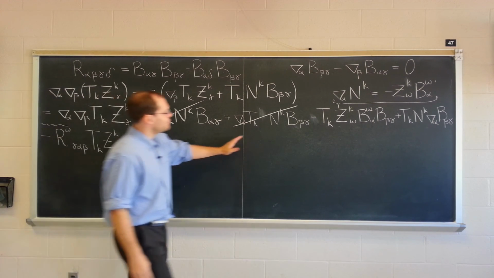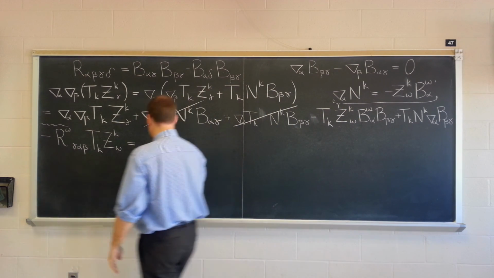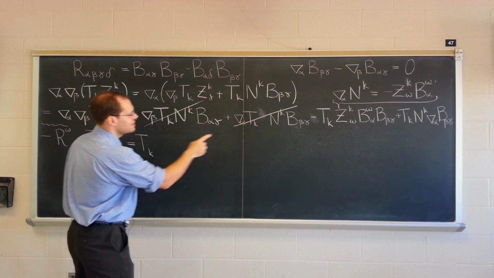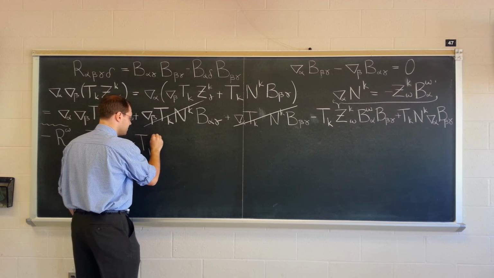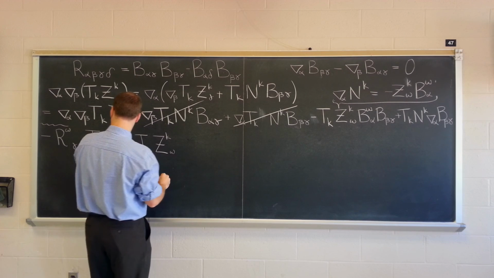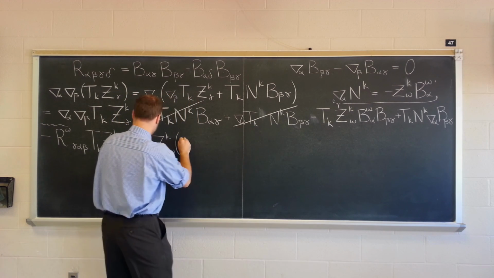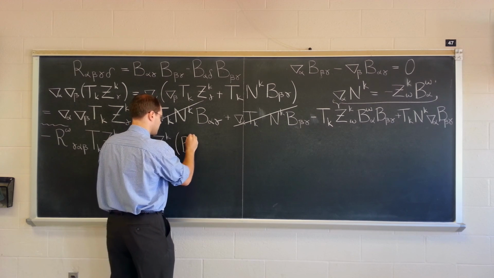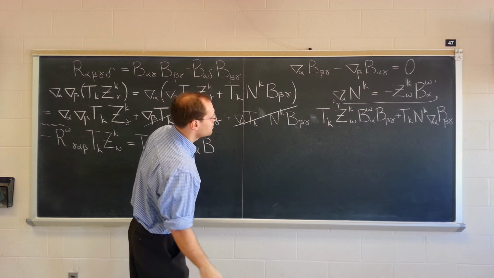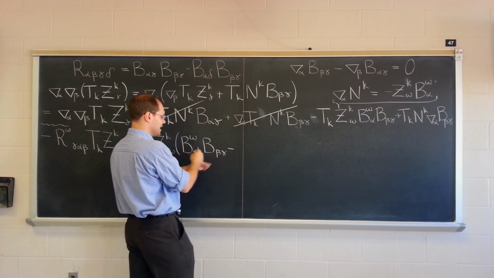All right, let's see what we'll have here. Minus. Let's leave this outside. Minus T sub k, Z k omega, and then in parentheses we have B omega alpha, B beta gamma, minus the same thing with alpha and beta switched.